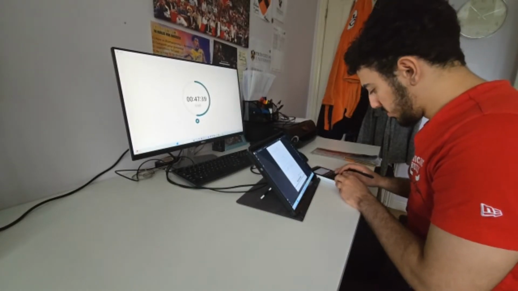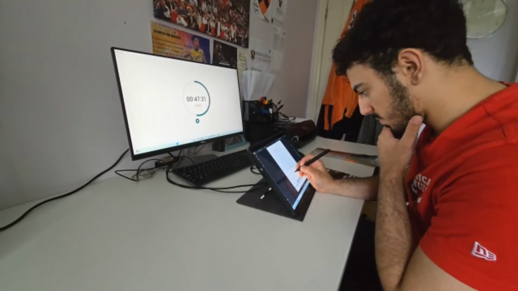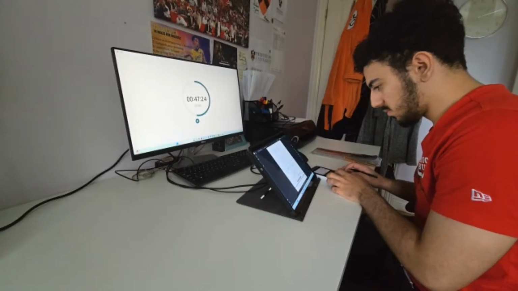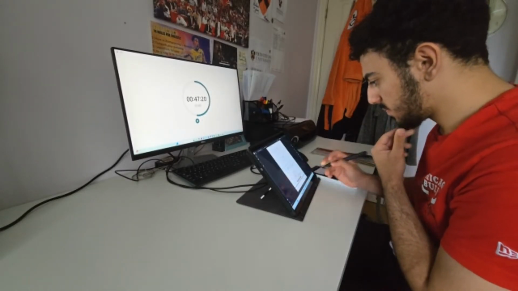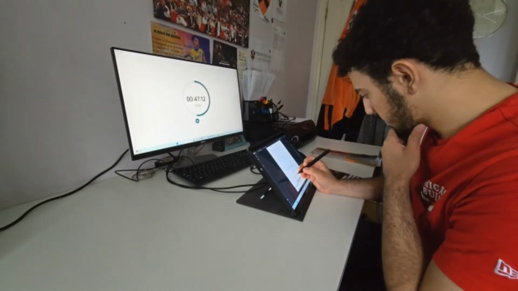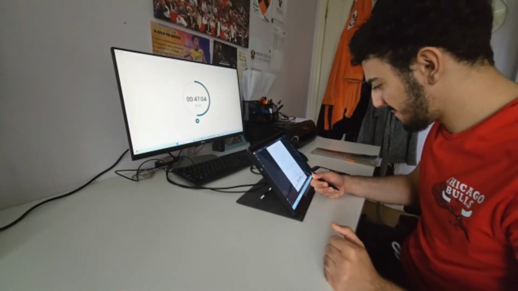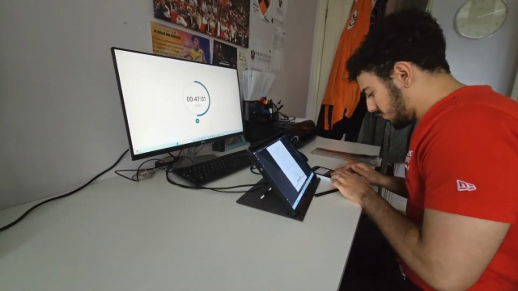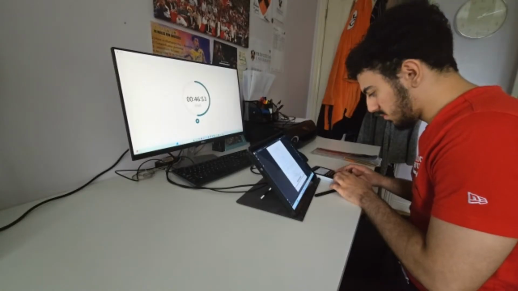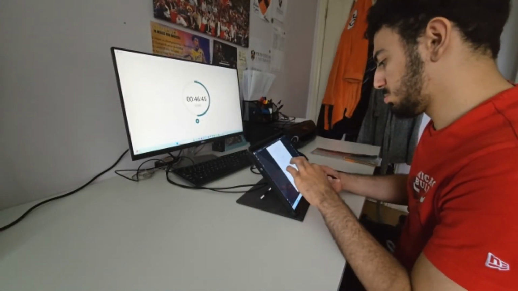You could do this in your calculator, but I don't think you get the method marks. 2√5 is here. 45 degrees. Nice.